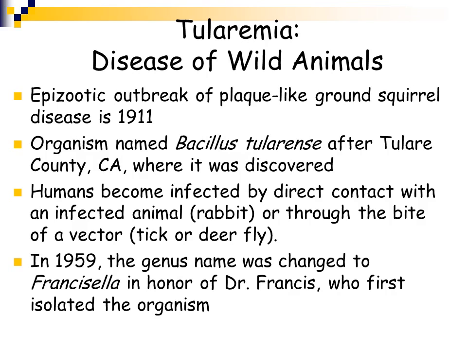Humans became infected by direct contact with infected animals, such as rabbits, or through the bite of a vector like a tick or a deer fly. In 1959, the genus was renamed to Francisella instead of Bacillus in honor of Dr. Francis, who first isolated the organism.